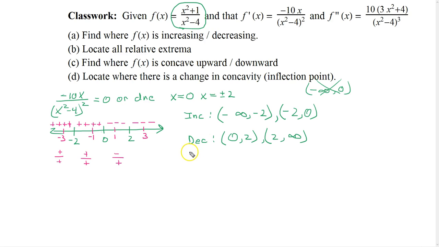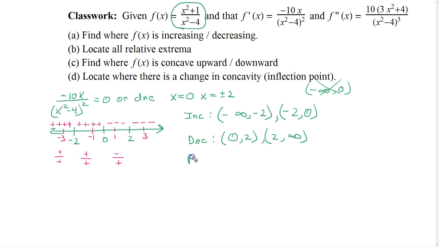Let's see, do we have any relative extrema? Well, we do go from positive to negative right here, so our function is increasing and then decreasing, so we will have a relative maximum at 0. Also notice it's okay to put 0 in here for x, so we don't have any vertical asymptotes at 0.